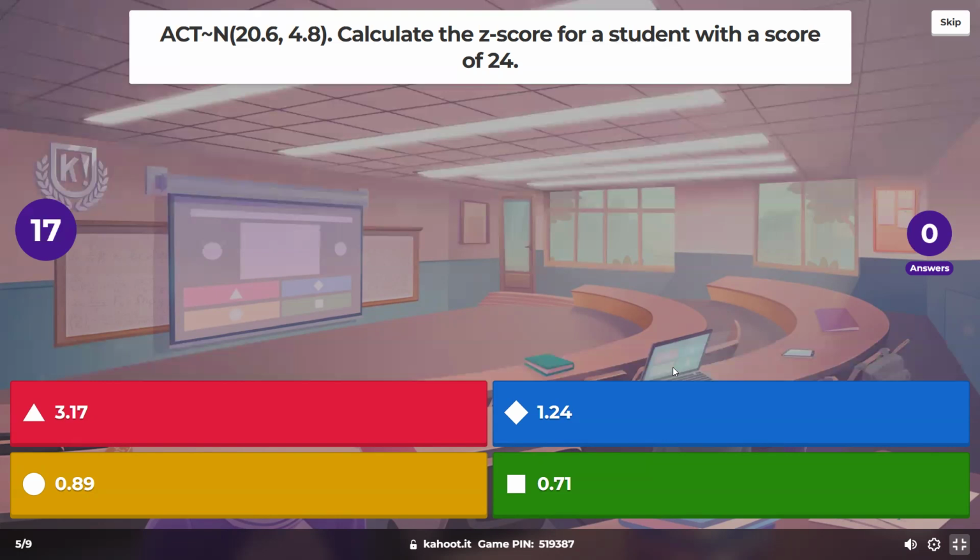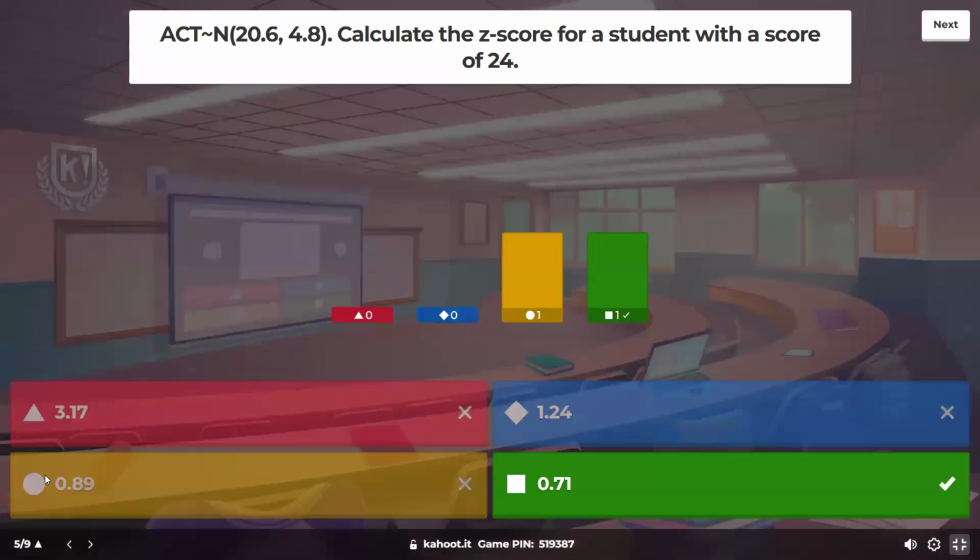Top row. Yeah, good, Tom. This is a chapter 6 problem. So 24 minus 20.6 over 4.8. I think it's going to be, if I had to guess, oh, it's 0.71. Okay.